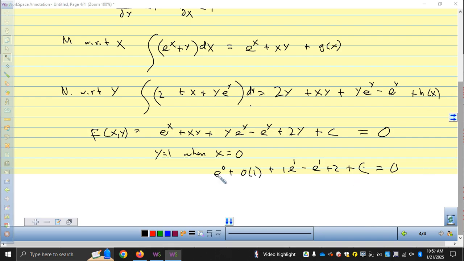So e to the 0 is 1. That's 0. This is e minus e, those go away. And we get 2. So we get 3 plus c equals 0, so c is negative 3, to satisfy the initial condition. I'm not going to rewrite all that with c equals negative 3. We'll just leave it with c. We know what it is.